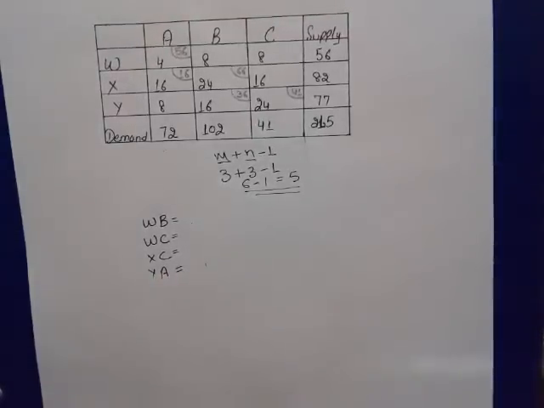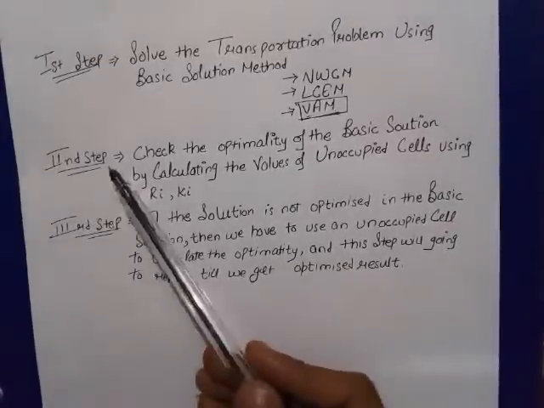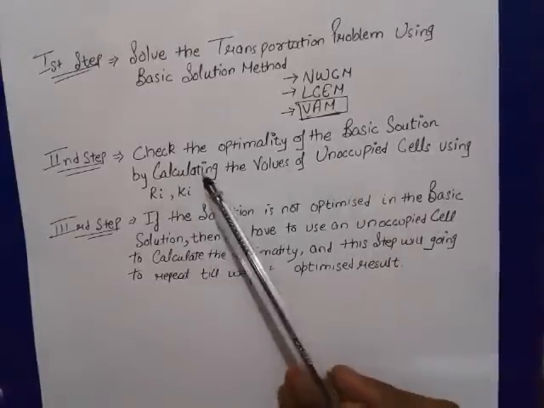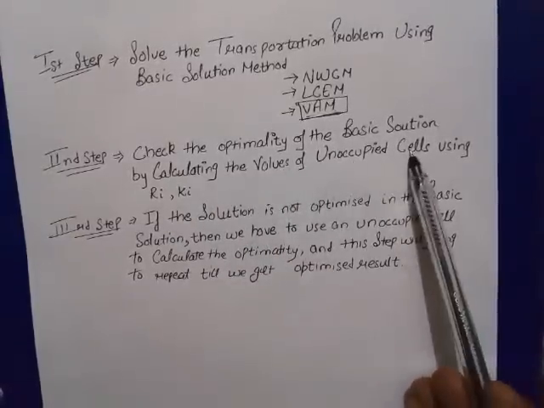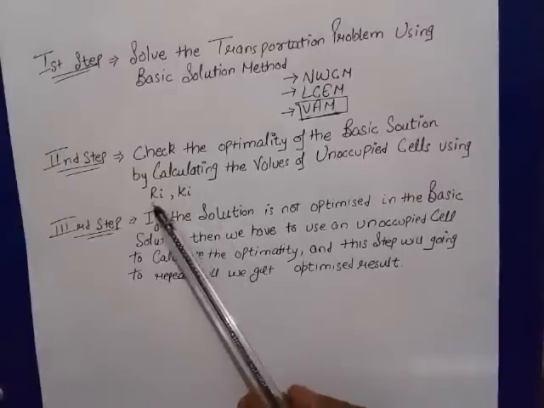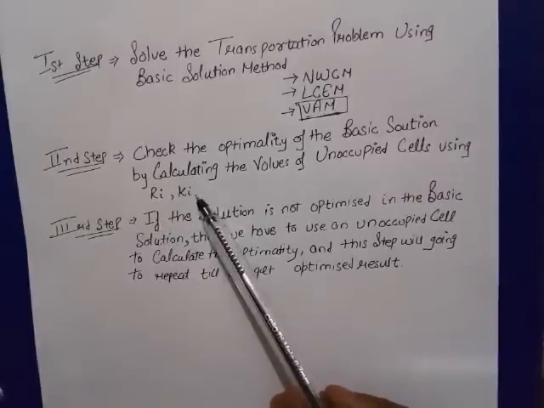Let's check the second step which we have considered. The second step is to check the optimality of the basic solution by calculating the values of unoccupied cells using R1 and K1. So these values are to be added in the table as R1 and K1.